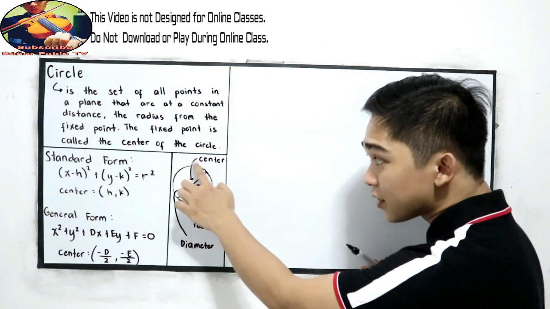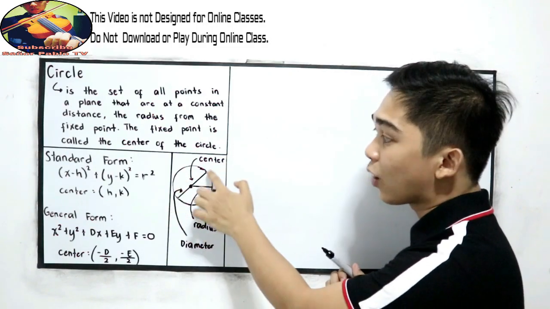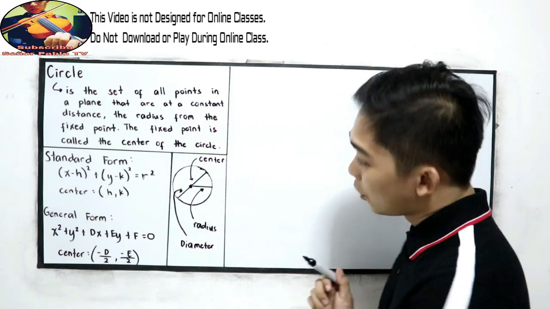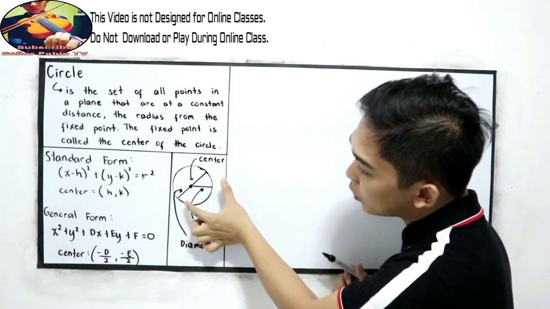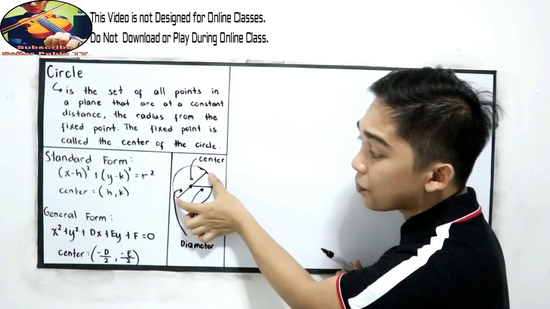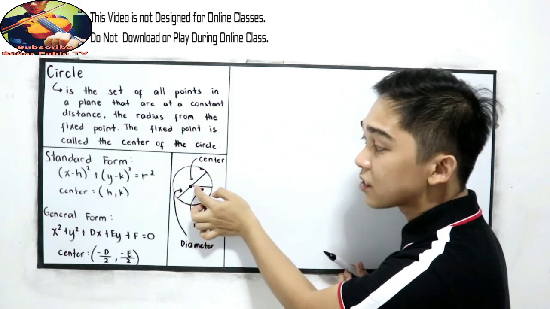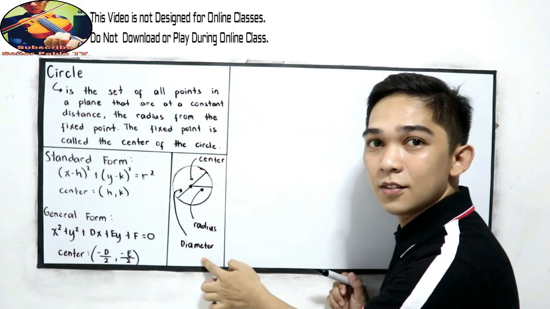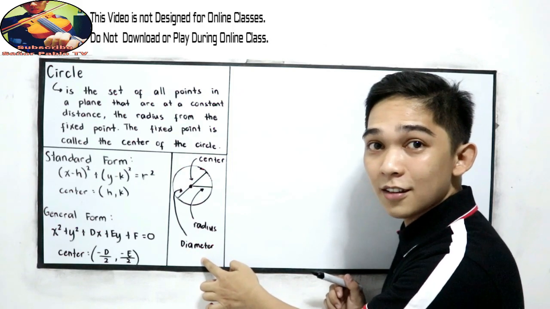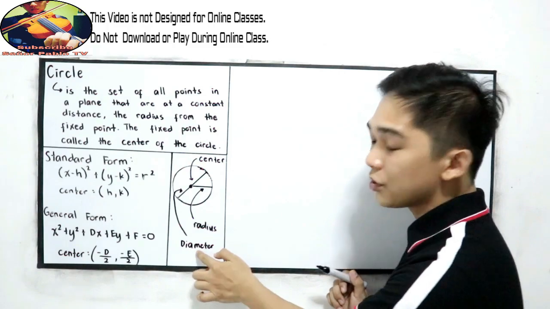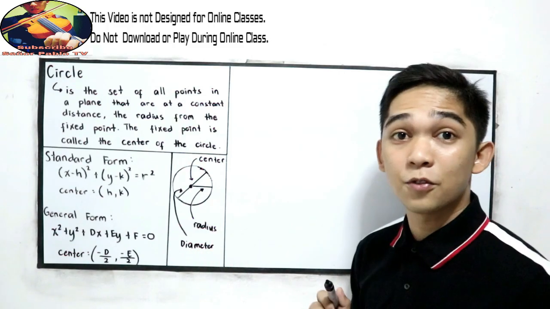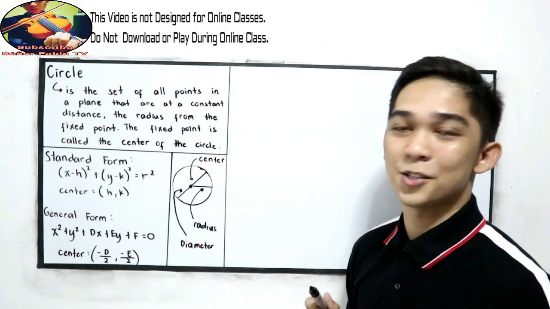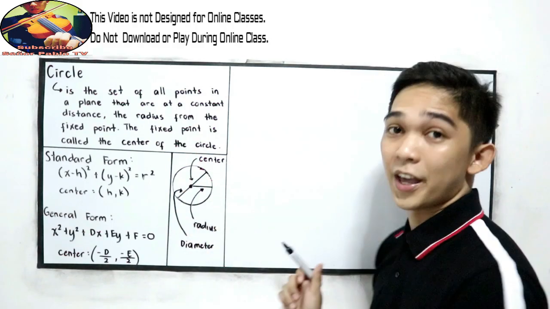Again, all the points around the circle are equidistant from the center. And if we connect a point to another point that passes through the center, that is what we call the diameter. And in our measurement, a radius is half of a diameter. The diameter is twice the radius. So that is the circle.